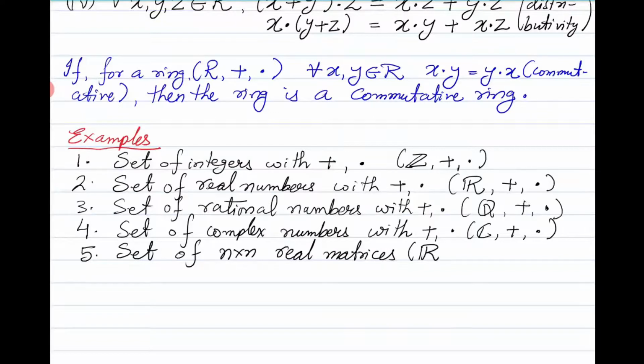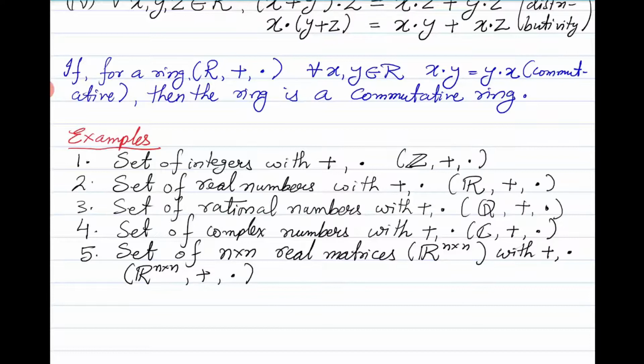One can denote it with this. The set of n cross n real matrices with the binary operators plus and dot.